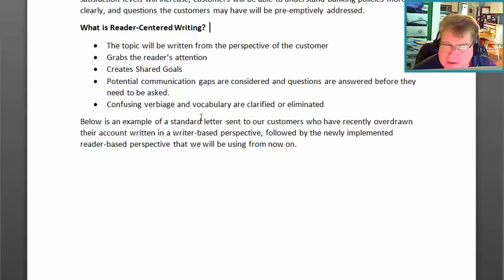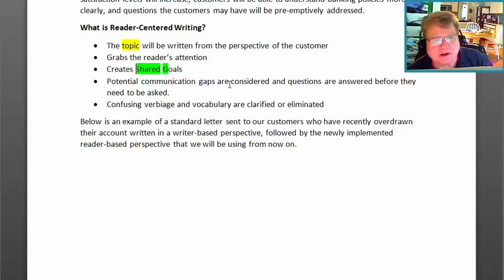The topic will be written, or the communication will be written, the document will be written. I don't think topic is the right word there. Grabs the reader's attention. Create shared goals. Why do you have capitalization there? Potential communication gaps are considered.